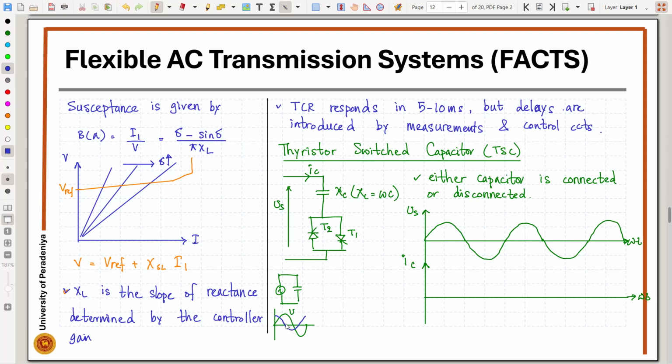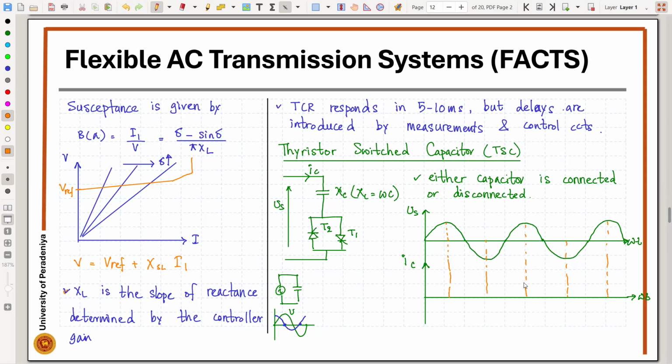So the current is leading by 90 degrees, so we have to consider that as well. If we consider the current zero, that will be happening when the voltage is at positive peak or negative peak. Therefore, in operation, we will be either turning on the switches at the positive peak or the negative peak.